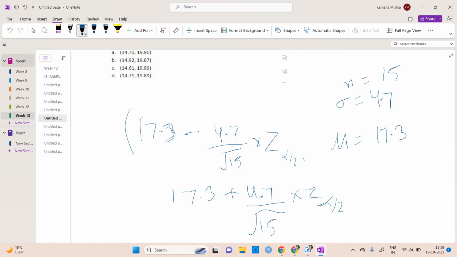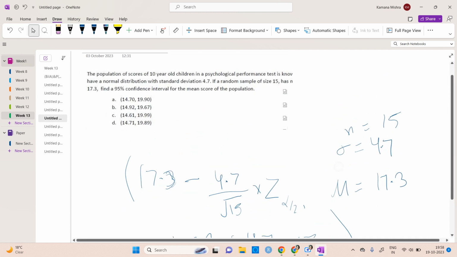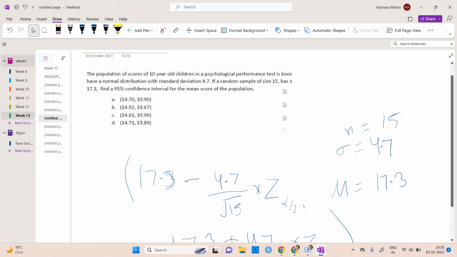So now you need to know what is z alpha by 2. So z at 0.025, because the 95% confidence interval is given. So then you put the value, and then you will have the answer. So the answer is, I think, this one. Okay.